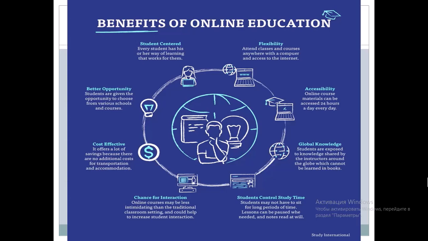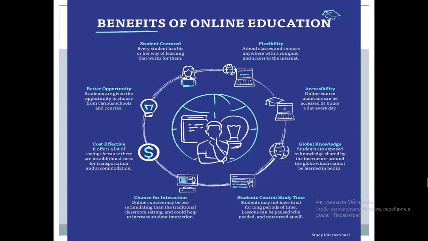The next, global knowledge. Students are exposed to knowledge shared by instructors around the globe, which cannot be learned in books. Students control study time. Students may not have to sit for long periods of time. Lessons can be paused when they need. Chance for interactions: an online course may be less intimidating than the traditional classroom setting and could help to increase student interactions.